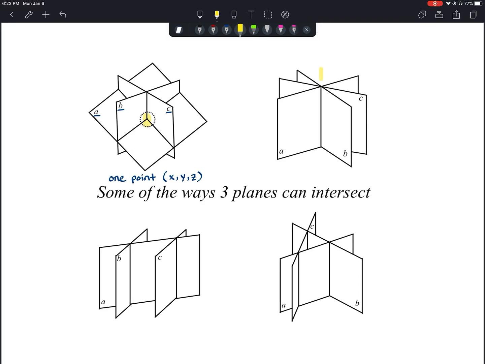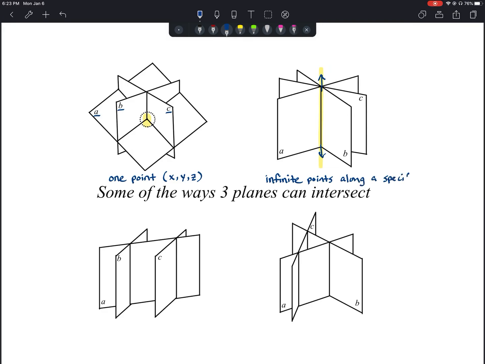Here's an instance where our 3 planes will intersect to form a line, right? So they can intersect in a line. And normally, when you have a line, you have an infinite number of points. And that's still the case here. So this is going to be an infinite number of points along a specific line.